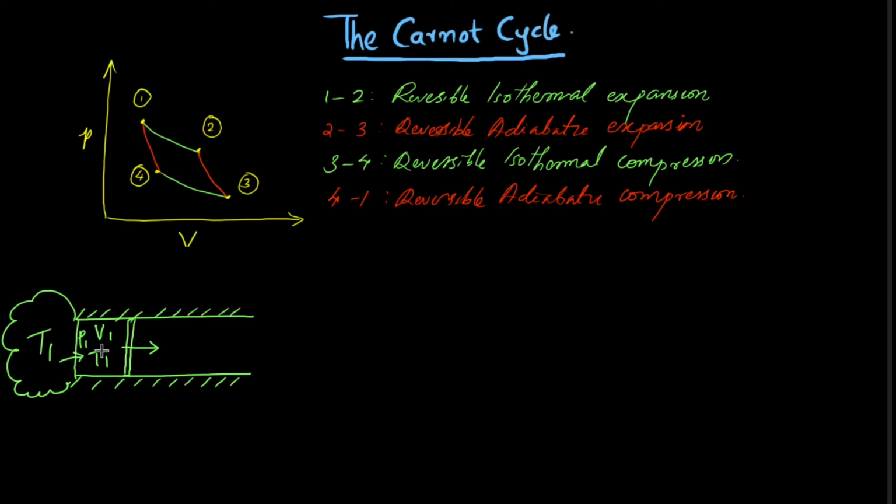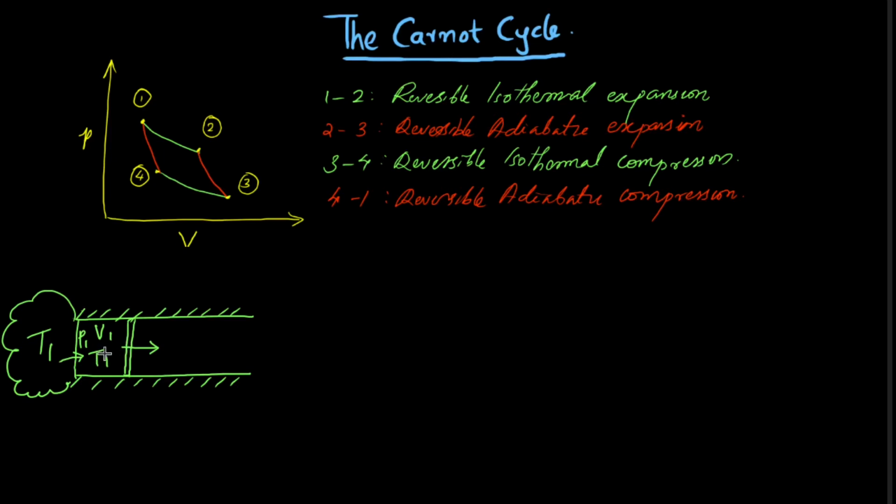The same amount of work is done by the gas on the surroundings. So whatever heat is transferred to the gas will be converted to work, and the change in internal energy in this process will be 0. Since the internal energy of an ideal gas is only a function of temperature, and the change in internal energy is 0, the temperature change also will be 0. So we will have an isothermal process.